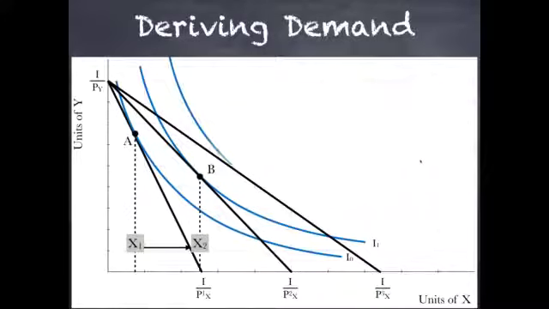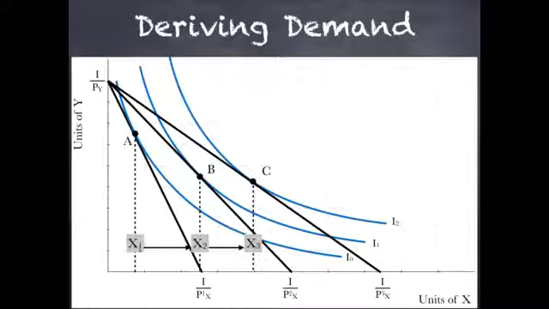And we can do this a third time. We can lower the price of X a third time. So now we have a budget constraint representing a further decrease in the price of X. So now we have a new utility maximizing combination of goods Y and X, and the utility maximizing amount of X increases.